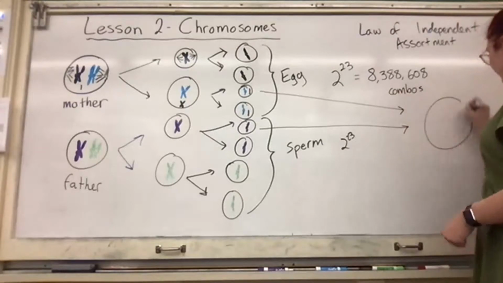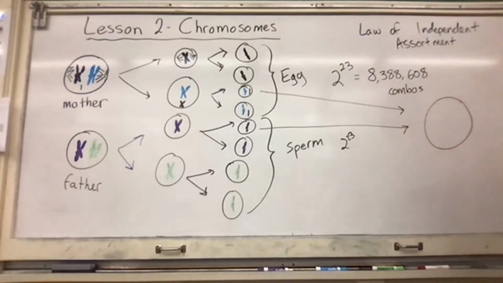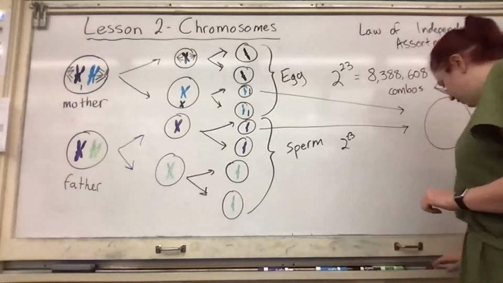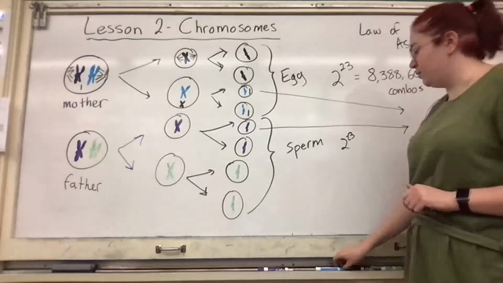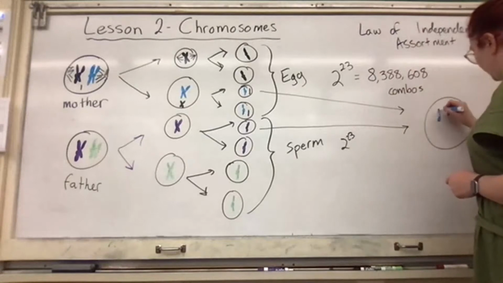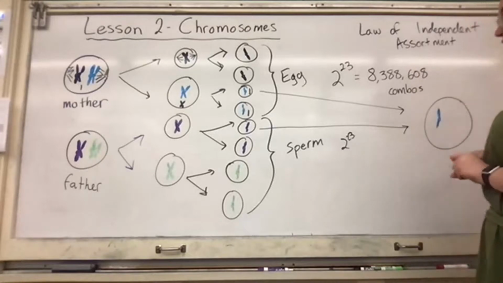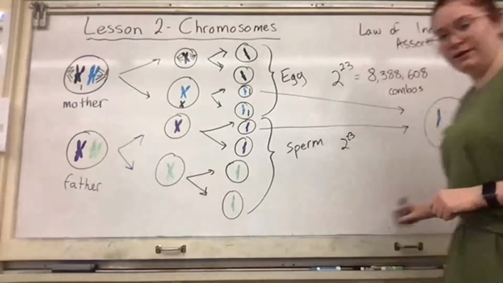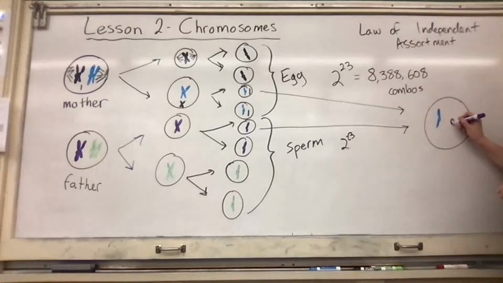And then after your cells develop, you are going to end up with a copy of chromosome 1, and this one came from one of your grandparents on your mother's side, and another copy of chromosome 1, and this came from one of your grandparents on your father's side.